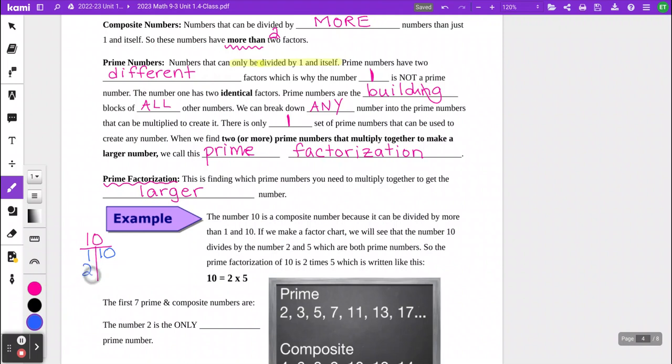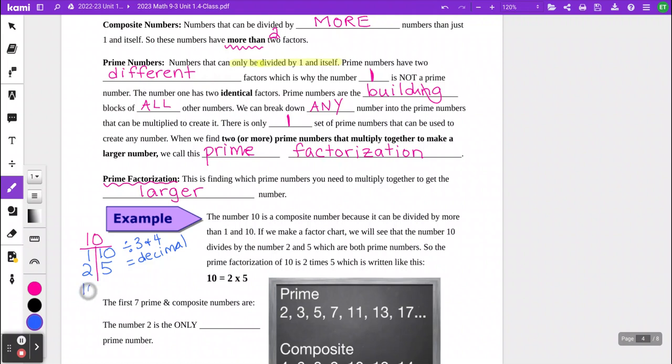I'm going to get 2 and 5. Now I take a look at the numbers between 2 and 5. I got the numbers 3 and 4. So I try to divide by 3 and 4, and I get decimals. So that means the number 3 and 4 are not factors of the number 10. They don't fit in my factor chart. That's what that tells me. Okay? So the only factors are 1, 2, 5, and 10.